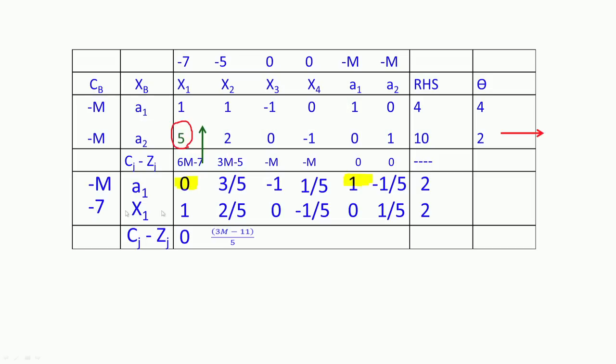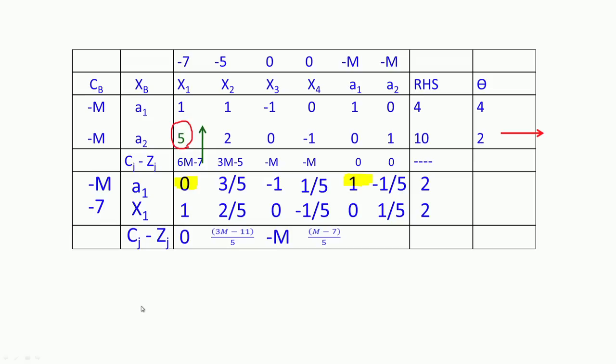Minus m into minus 1 plus minus 7 into 0 will give us plus m. So 0 minus m is minus m. Minus m into 1 by 5 plus minus 7 into minus 1 by 5 is minus m by 5 plus 7 by 5.